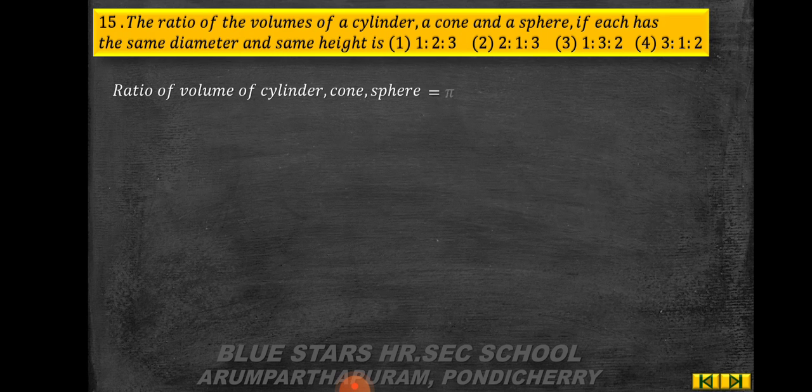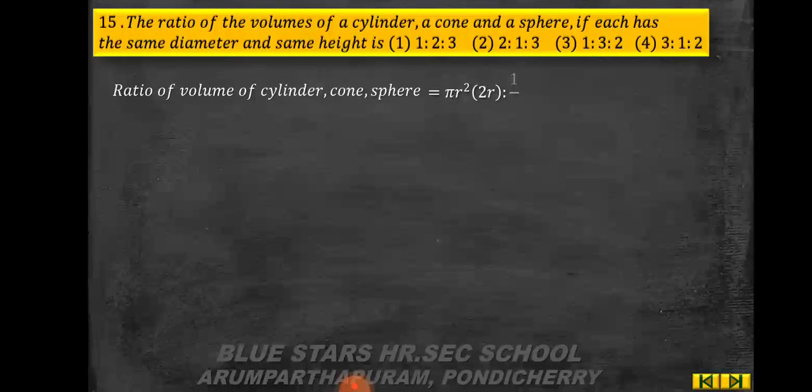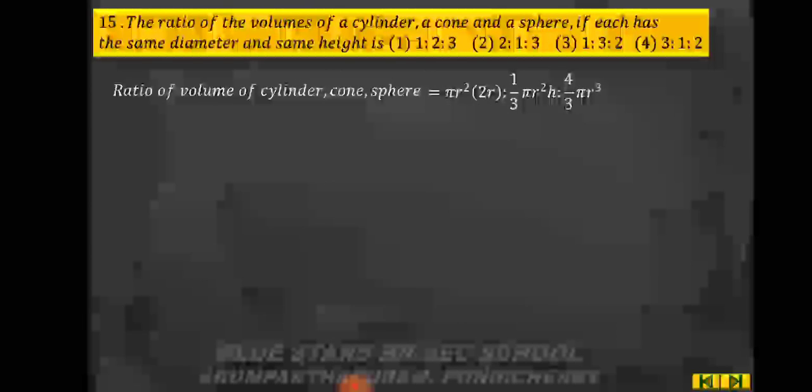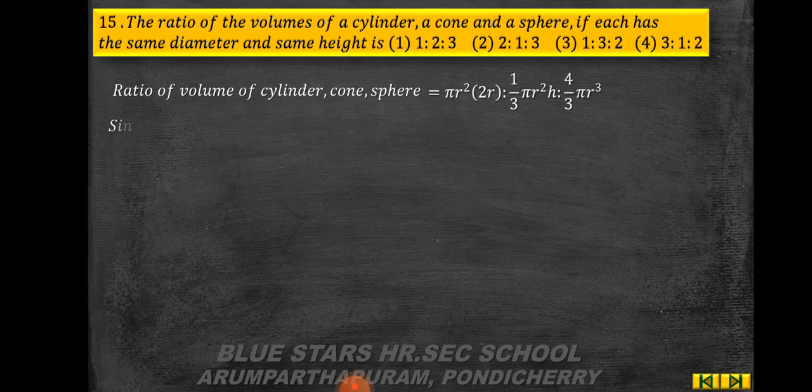So here the ratio of the volume of a cylinder, cone, sphere is equal to pi r square into 2r is to 1 by 3 pi r square h is to 4 by 3 pi r cube.